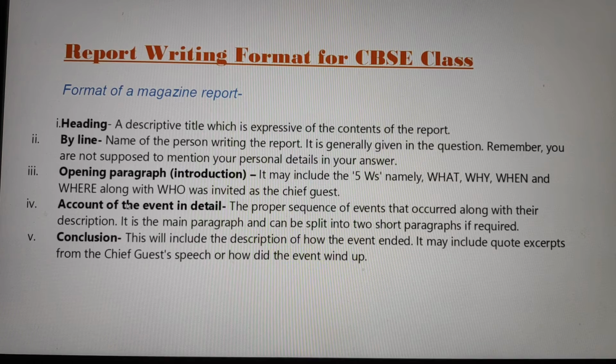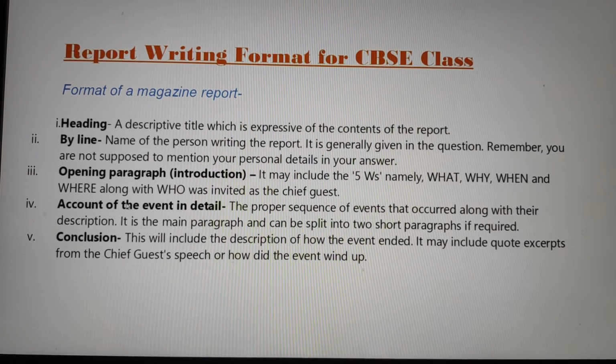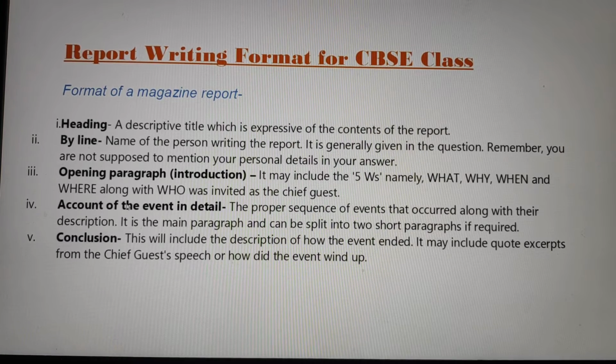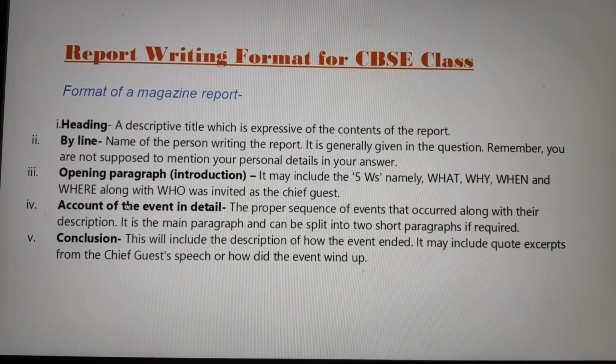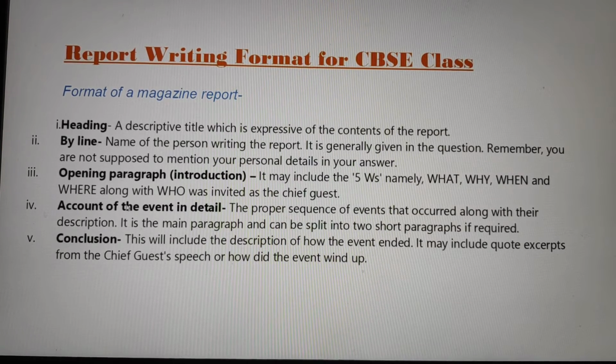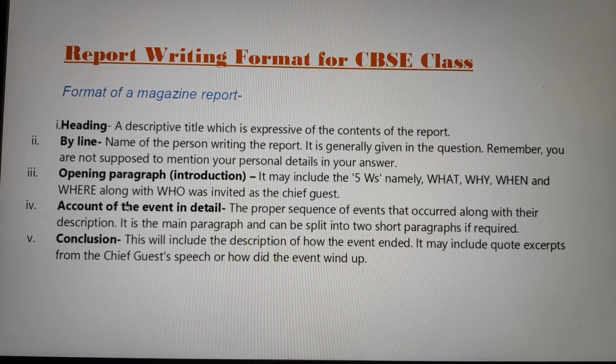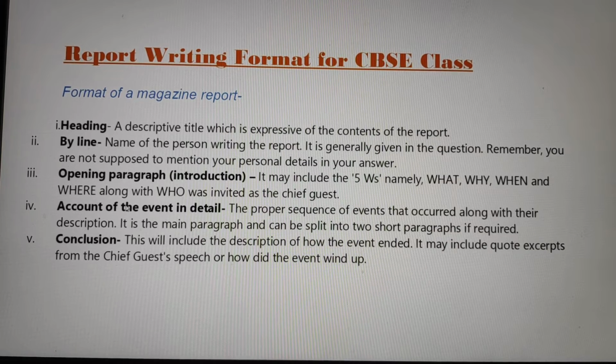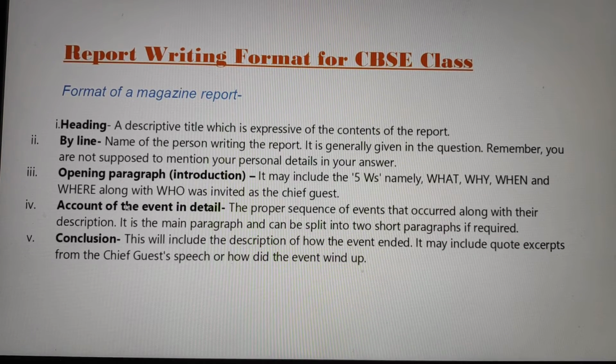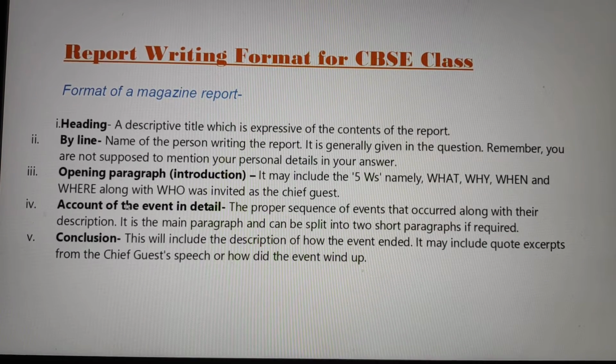It is the main paragraph and can be split into 2 short paragraphs if required. Number 5, conclusion. This will include the description of how the event ended. It may include quote excerpts from the chief guest's speech or how did the event wind up.